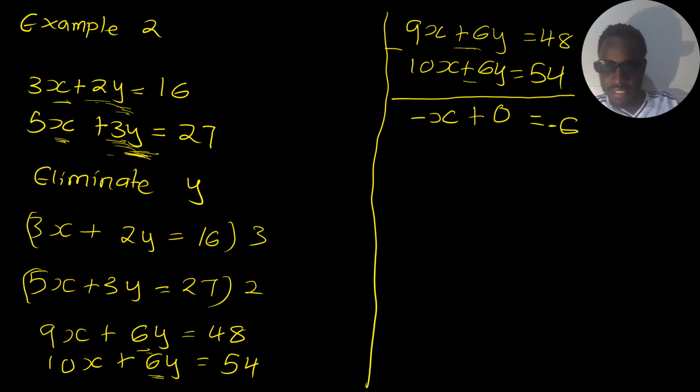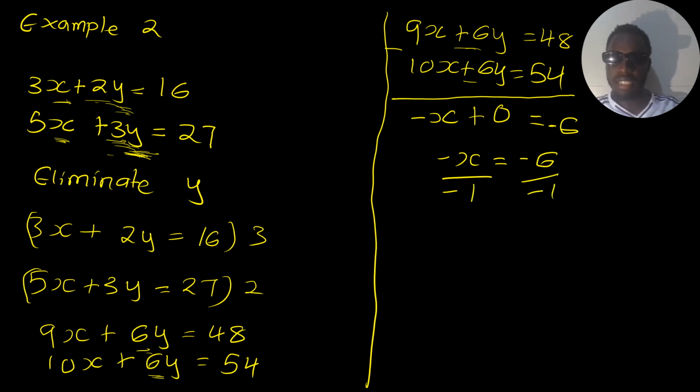So you have negative x is equal to negative 6. So let's divide both sides by negative 1 so that we can eliminate this negative. So that is x is equal to 6. So our value for x is 6.